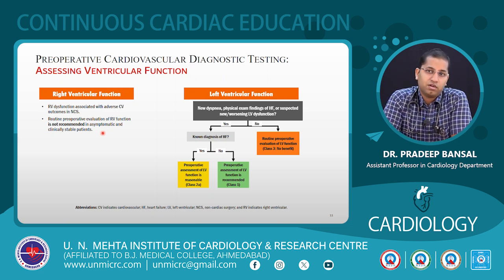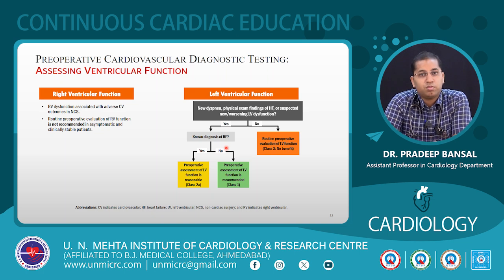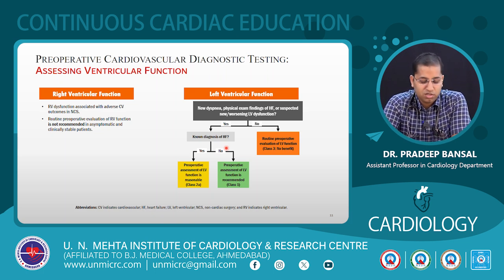But for LV function, if the patient has new dyspnea, physical examination showing signs of heart failure, suspected or new worsening LV dysfunction, or a known case of heart failure, then preoperative assessment of LV function is reasonable. And if there is no history of heart failure but the patient has symptoms suggestive of dyspnea and suspicion of LV dysfunction, then preoperative assessment of LV function is recommended.